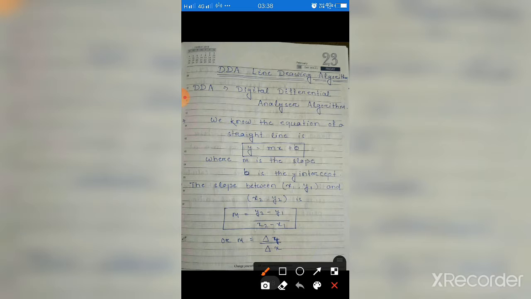We know the equation of a straight line is y equals mx plus b, where m is the slope of the line and b is the y-intercept. Suppose this is your x-axis and this is your y-axis.